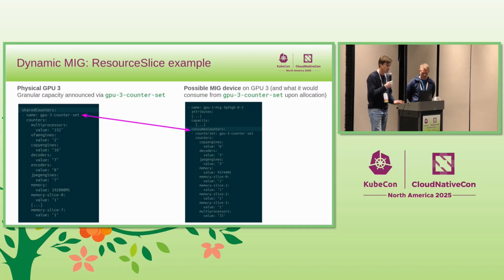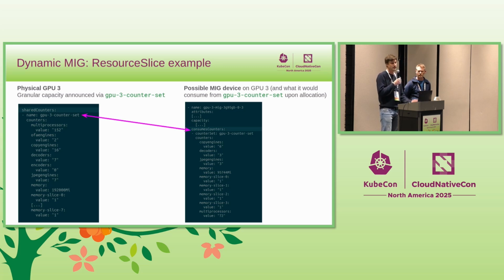Quick example. On the left-hand side, there's a shared counter, a new concept from the Partitionable Devices API. It has a name, like the GPU3 counter set, and a number of integer values, which is the fine-grained representation of all the different physical entities contained in that physical GPU, for example 152 multiprocessors.